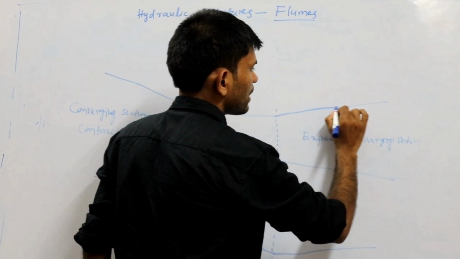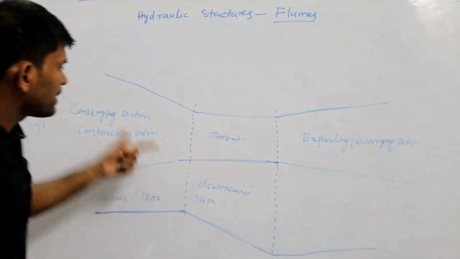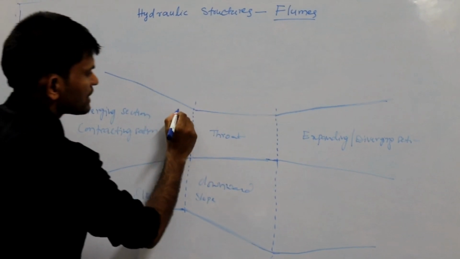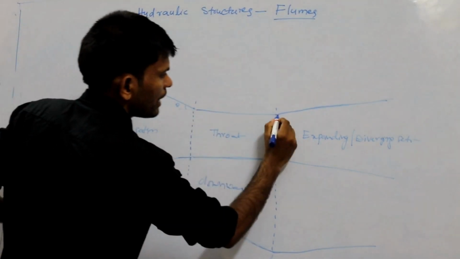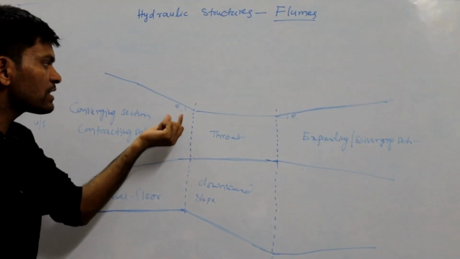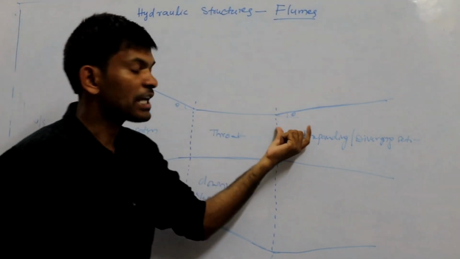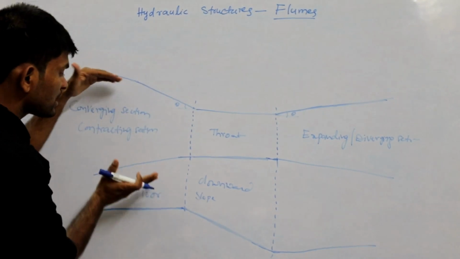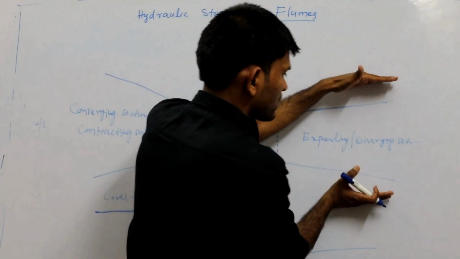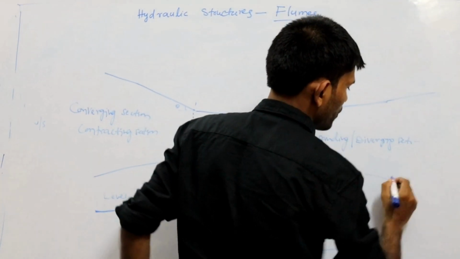If you see the angle theta, the angle of this section is more as compared to the expanding section, and its length is a little bit shorter as compared to the diverging section. This is the diverging section, expanding more.